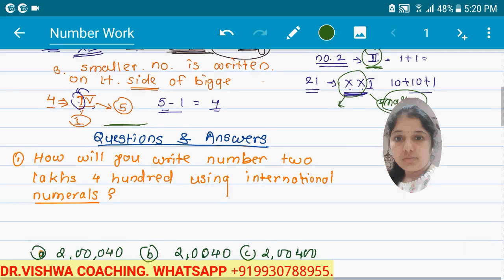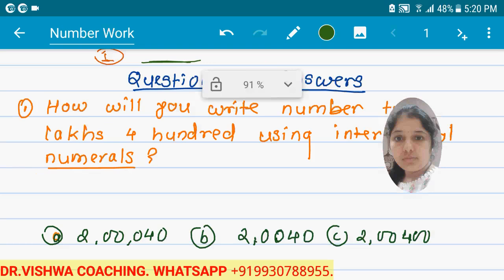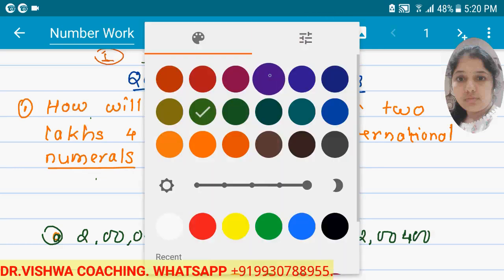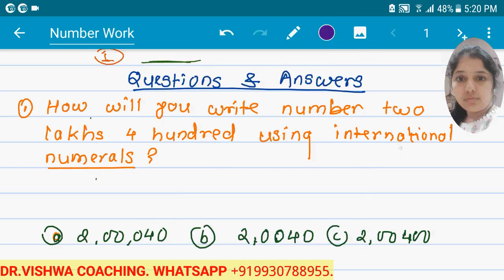Now see, how will you write the number 2,400,000 using international numerals? You must know the places of the digits, which I already told you before we started the session.